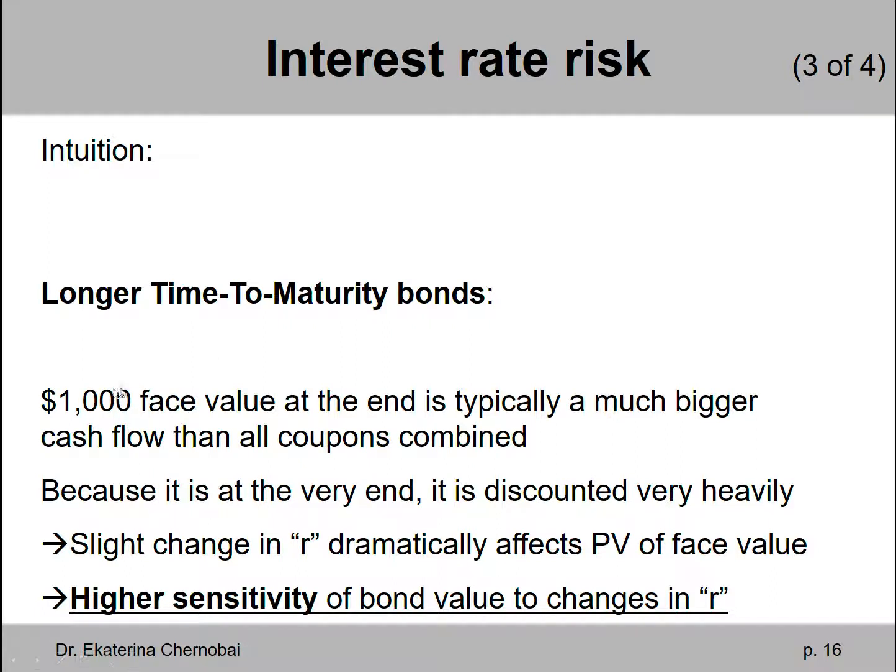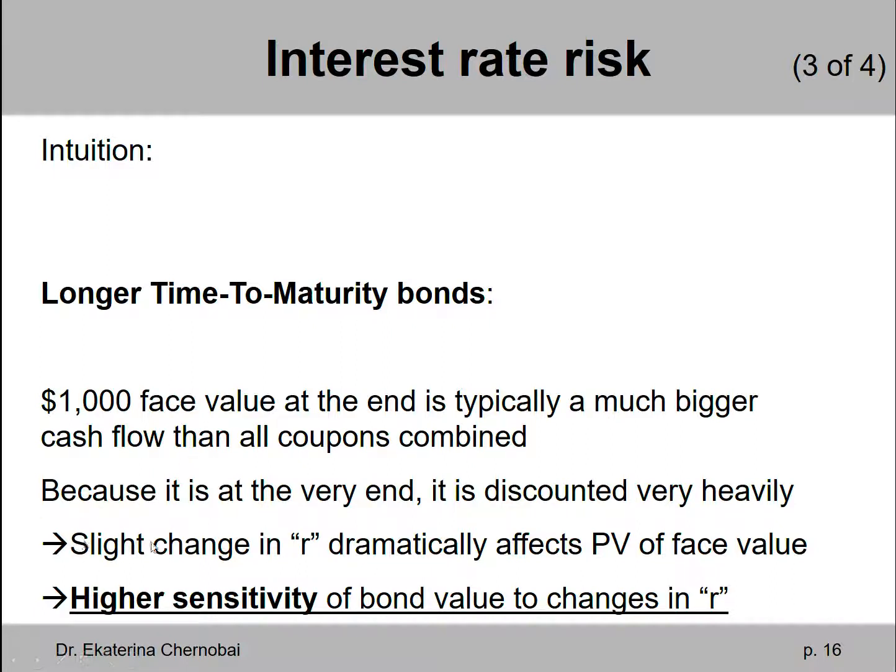And the $1,000 face value is by far the largest cash flow on our timeline because the coupon payments are significantly smaller. So those would be maybe $50 a year, maybe $100 a year.